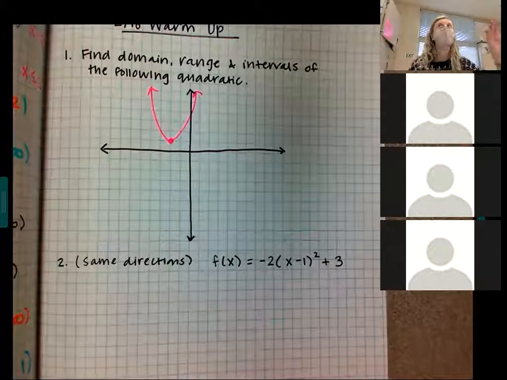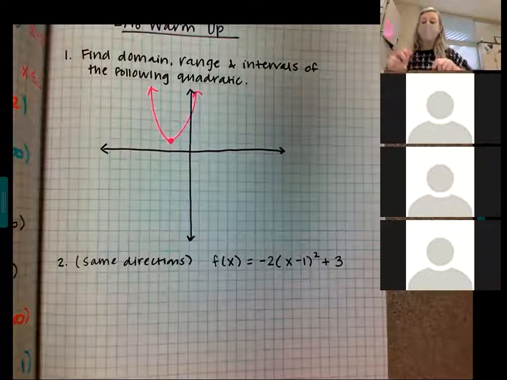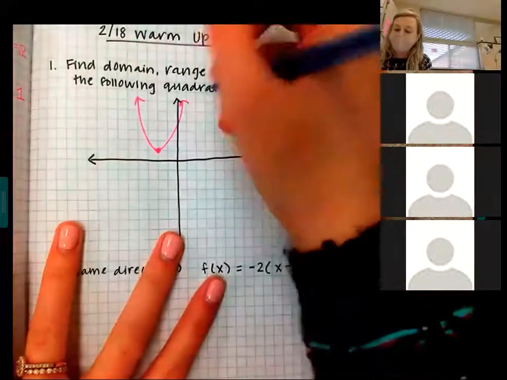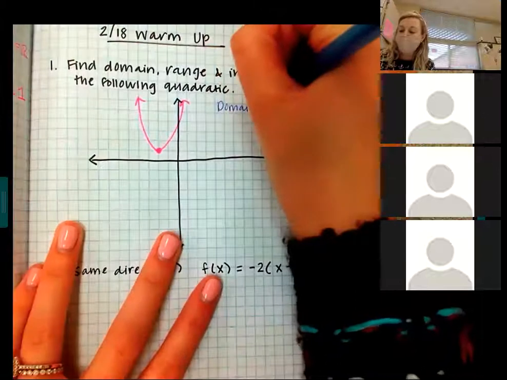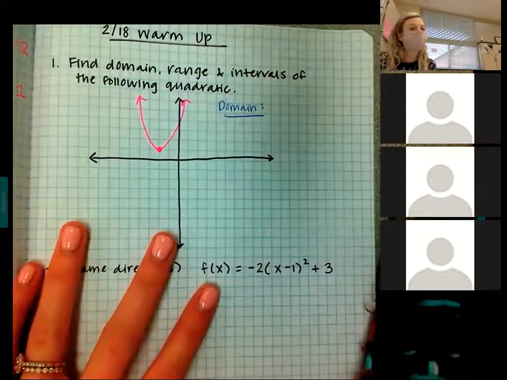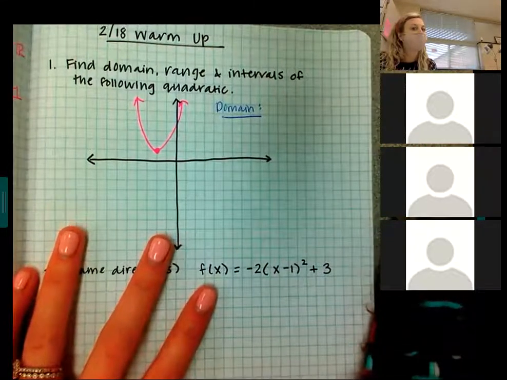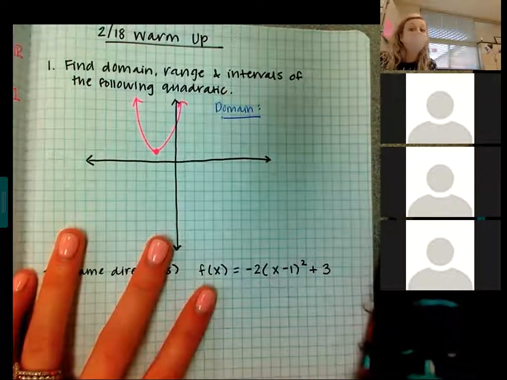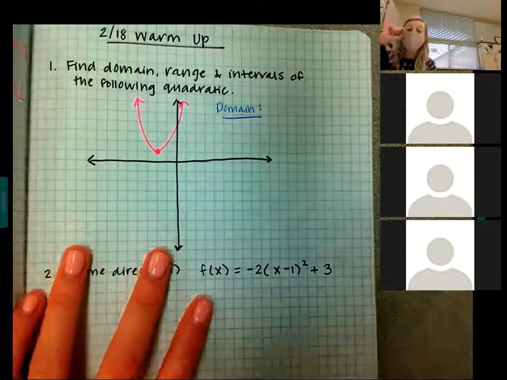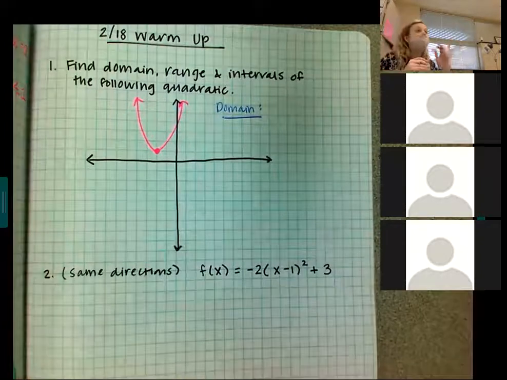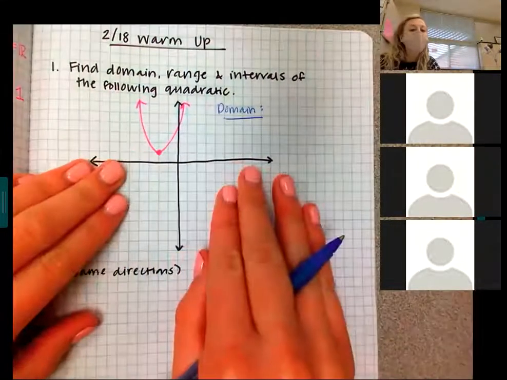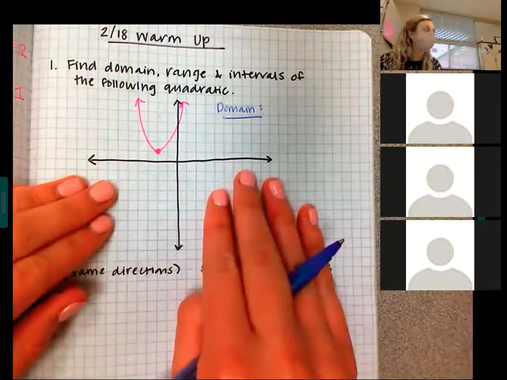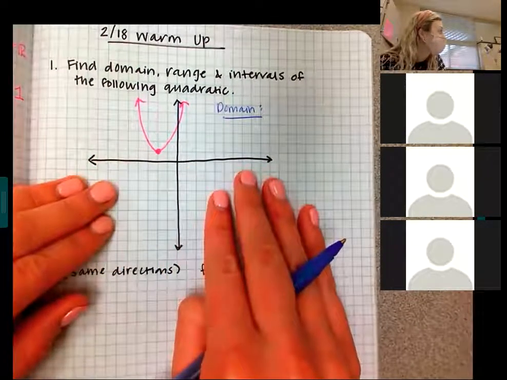All right, domain, range, intervals. When you are finding domain, you are talking about what values? Let's review. The X and Y. I mean the X and X. Yes, the X's, and you always go smallest to biggest. So looking at a graph, where are the smallest X's going to be?